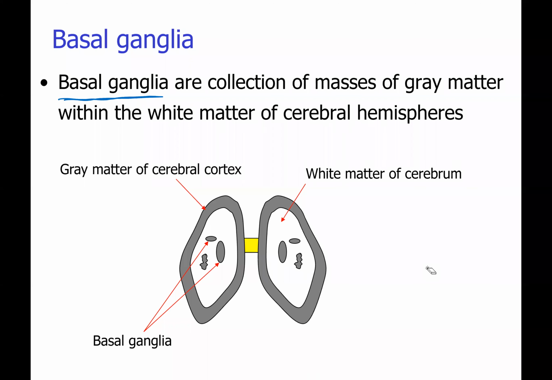So the basal ganglia is gray matter found within white matter, but not all gray matter within white matter is called basal ganglia. Sometimes these collections are called nuclei. You will see when you get them.